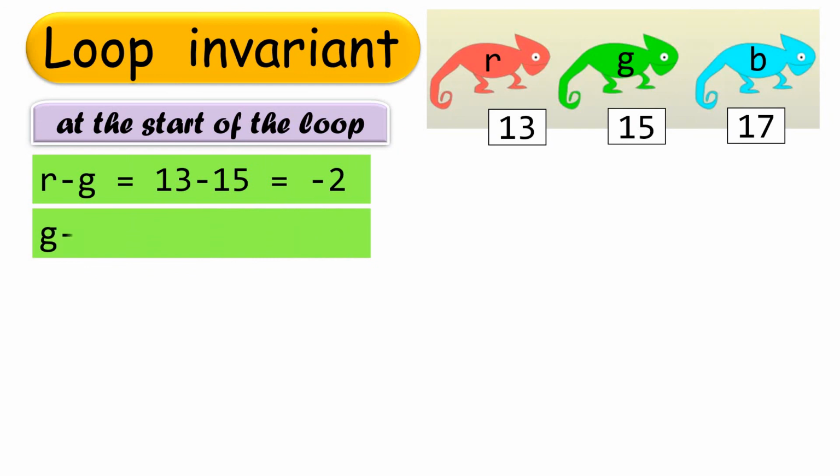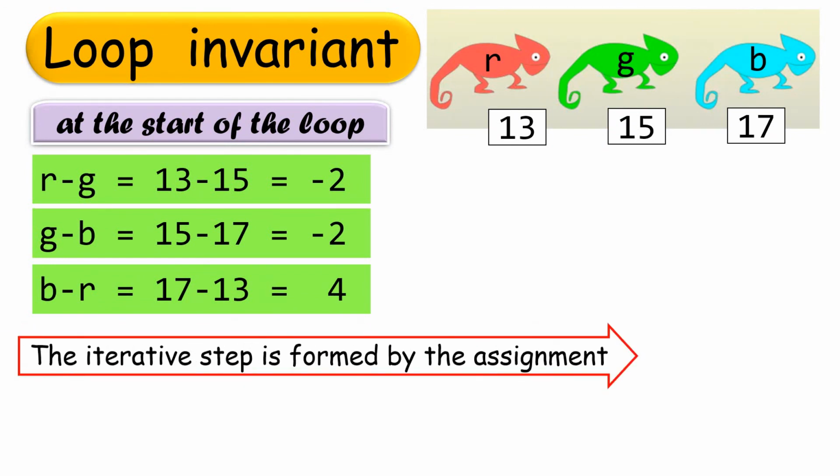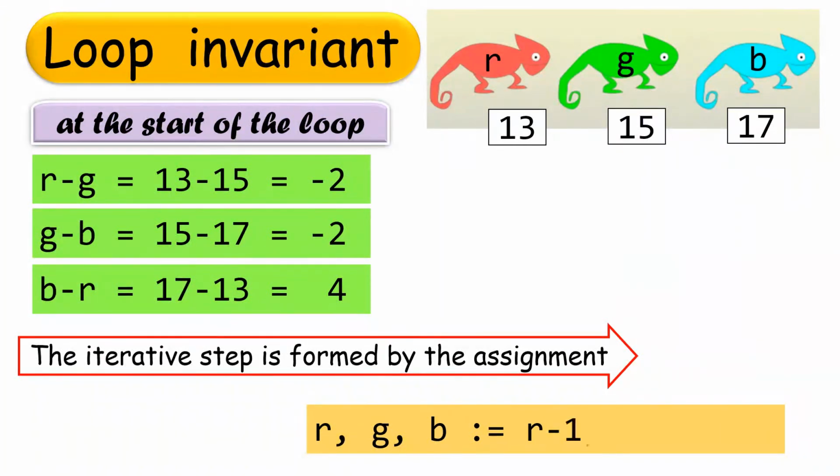G minus B is equal to 15 minus 17 equal to minus 2. B minus R is equal to 17 minus 13 equal to 4. The iterative step is formed by the assignment R, G, B colon equal to R minus 1, G minus 1, B plus 2.